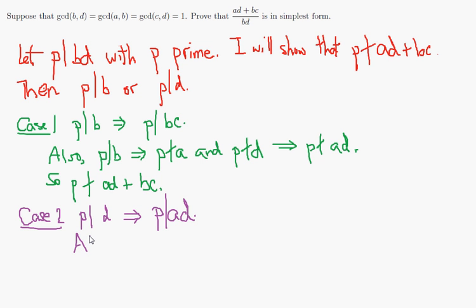Also, p divides d implies that, well, c and d are relatively prime, so if p is a factor of d, that means that p cannot be a factor of c. Also, if p divides d, b and d are relatively prime, so that means p does not divide b.